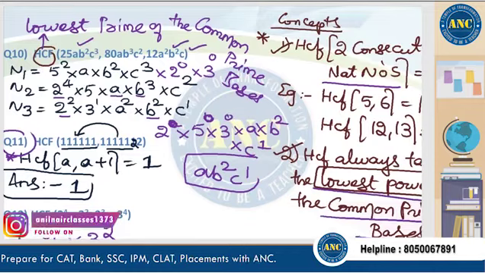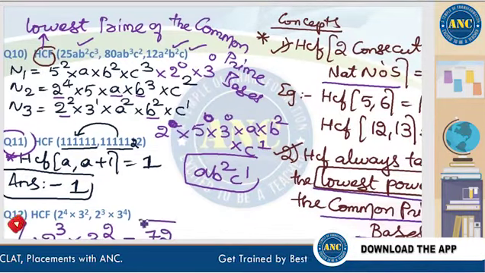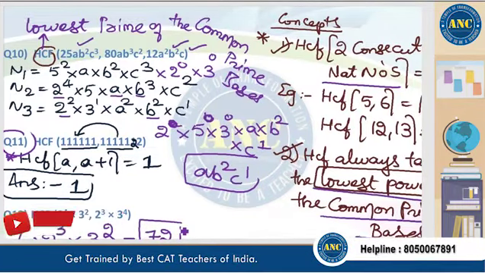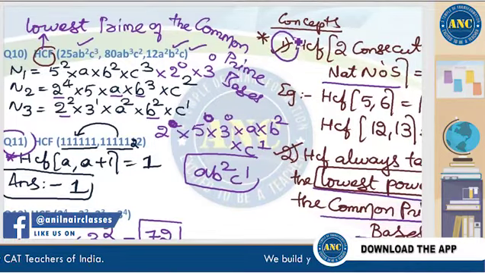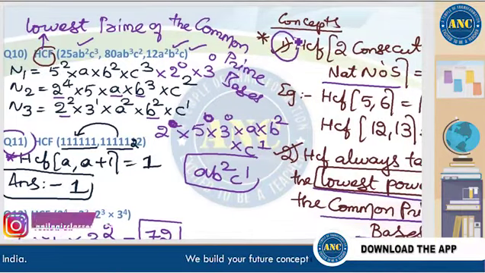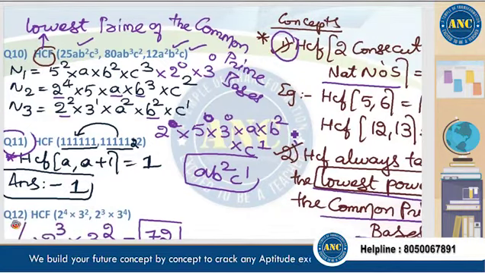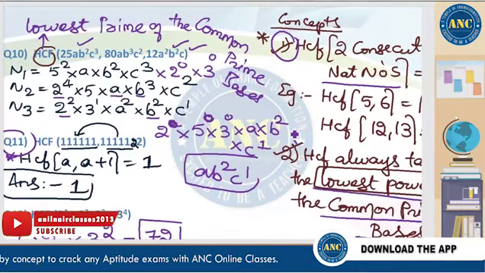So the HCF answer for this question is 2 cube into 3 square, which is 72. Two concepts in this question: HCF of any two consecutive natural numbers is 1, and HCF always takes the lowest power of the common prime bases.